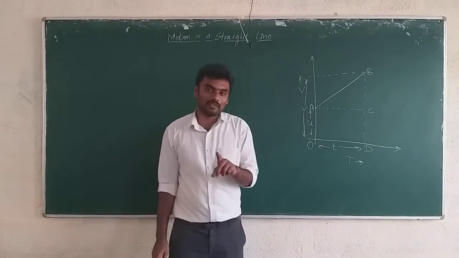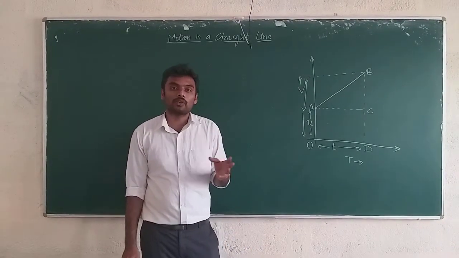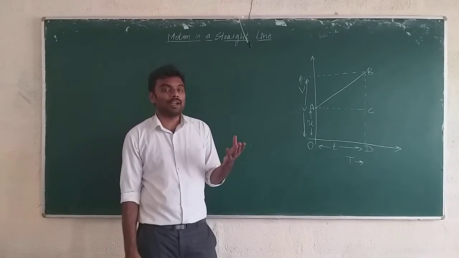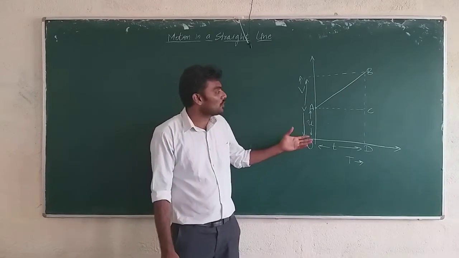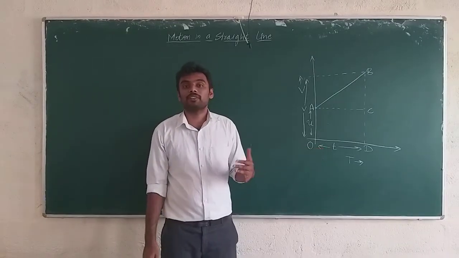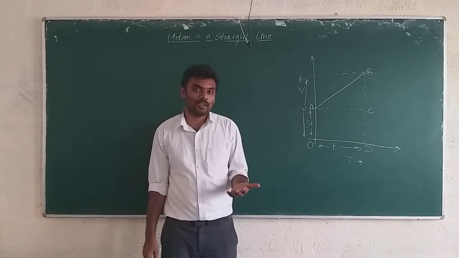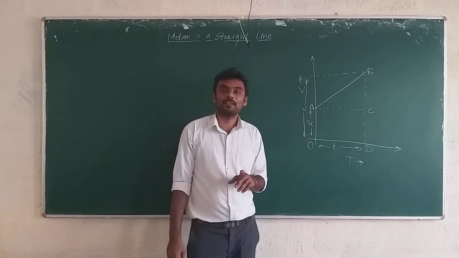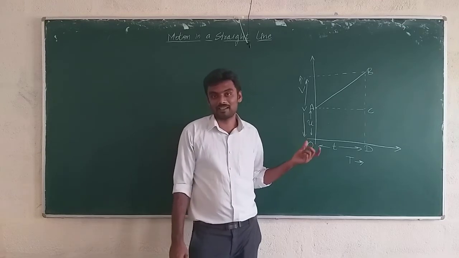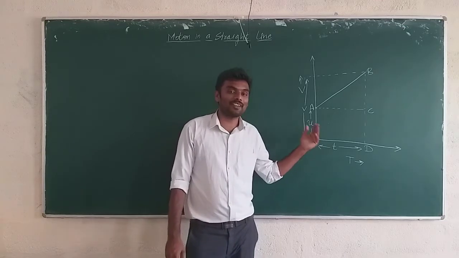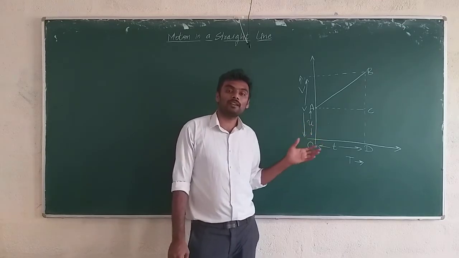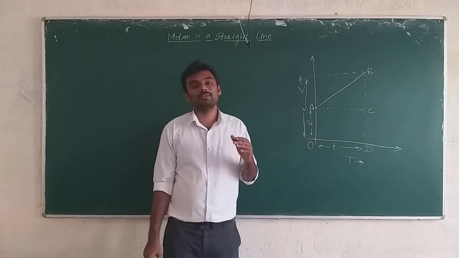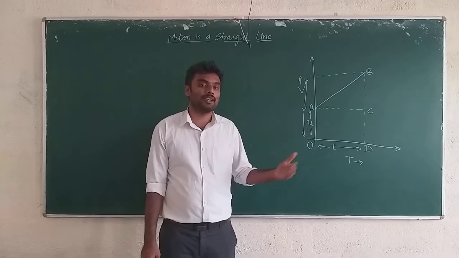But in the first derivation, what we took is the slope of the graph, because by definition we know that the slope of a VT graph gives us acceleration. Using that we derived the formula for acceleration, a is equal to v minus u by t, and from that we again got the first equation of motion, which is v is equal to u plus at.